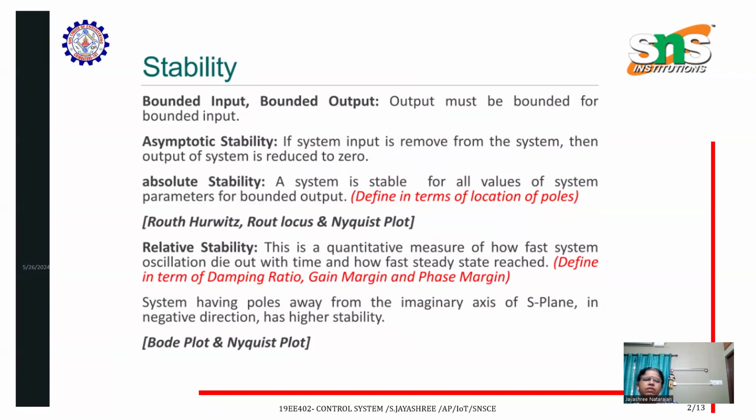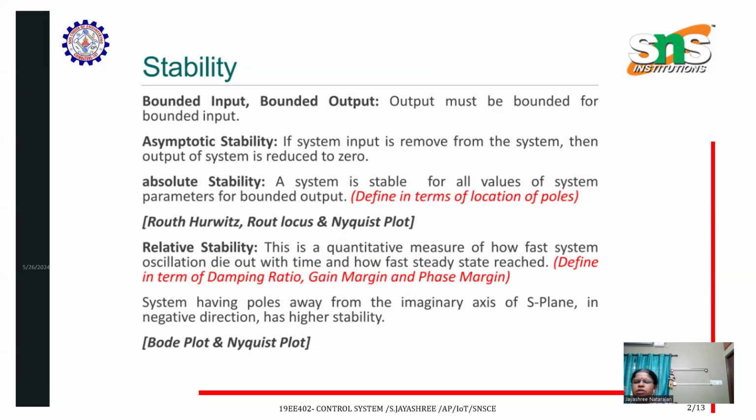So what is asymptotic stability, absolute stability, relative stability? We look at it. Bounded input and bounded output: the output must be bounded within the limits for a bounded input. Asymptotic stability: if the system input is removed, then the output of the system is reduced to 0.